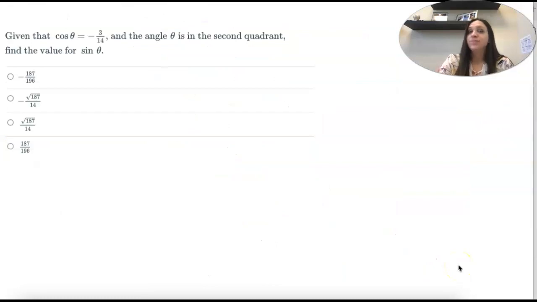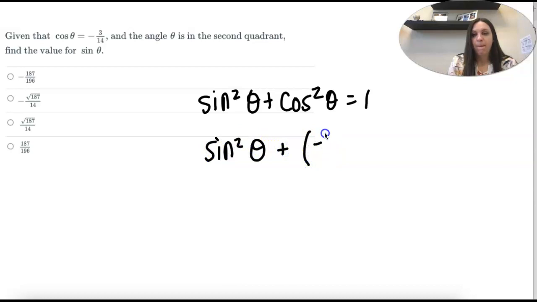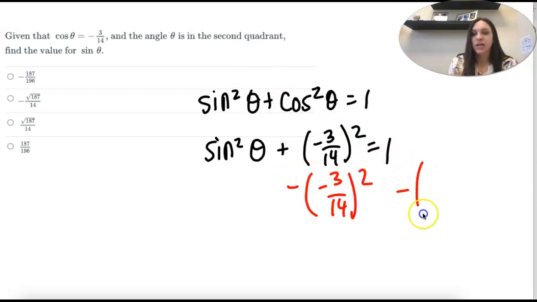We'll do one more. This time we're given cosine and we need sine. So Pythagorean identity. This time we know cosine. So same thing, we're going to subtract whatever this value is from both sides.